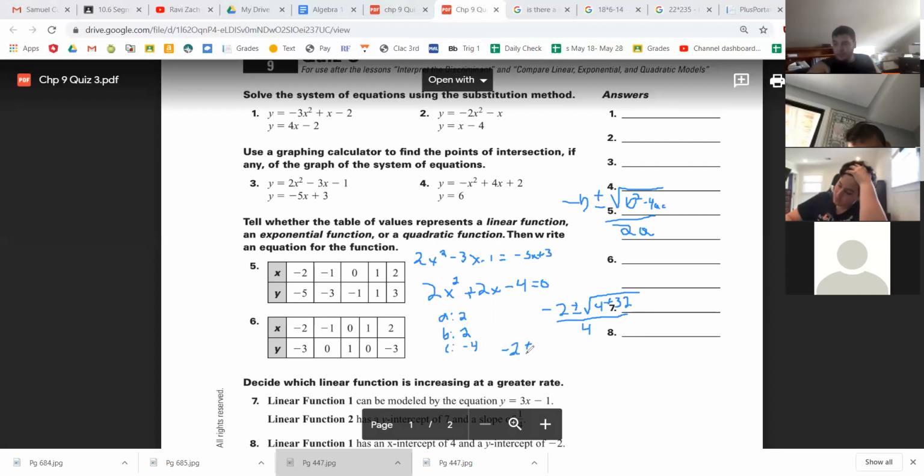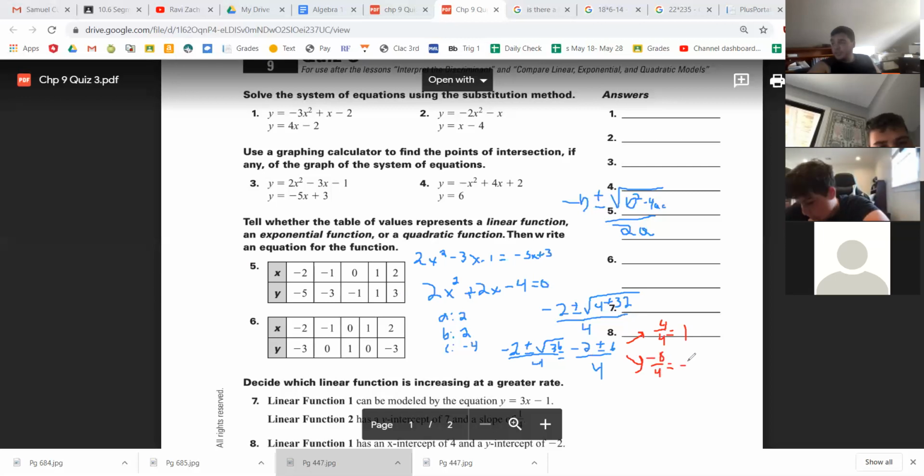Negative 2 plus or minus the square root of 36 over 4, negative 2 plus or minus 6 over 4. Now we're going divergent. We're going to go our two paths. Negative 2 plus 6 is positive 4 over 4, which is 1. And the other one, negative 2 minus 6 is negative 8 over 4, which is negative 2.